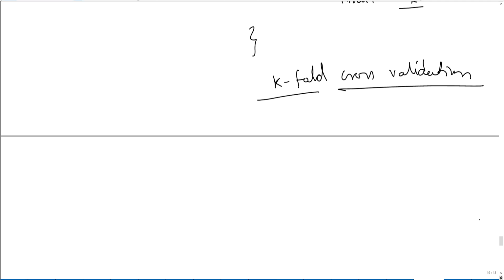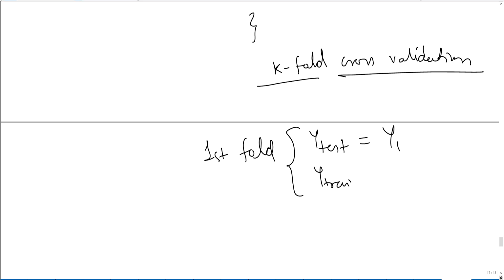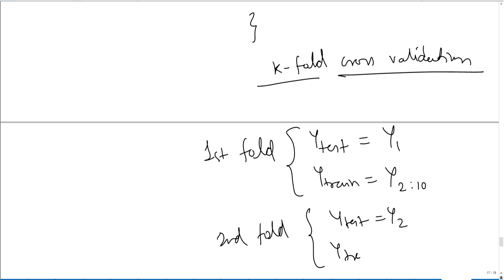So, in each fold, your training data and test data might look like this. So, let us say this is first fold. Okay. So, in first fold, let us say your y test is y1 and y train is y2 to 10, right. In the second fold, let us say y test is y2 and y train is y1 and y3 to 10.